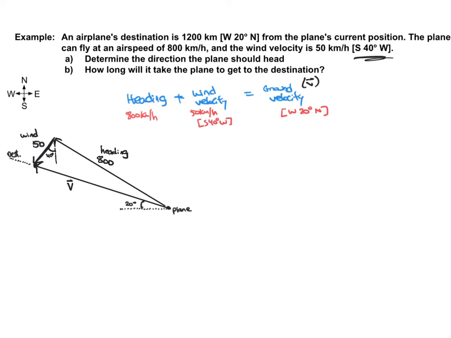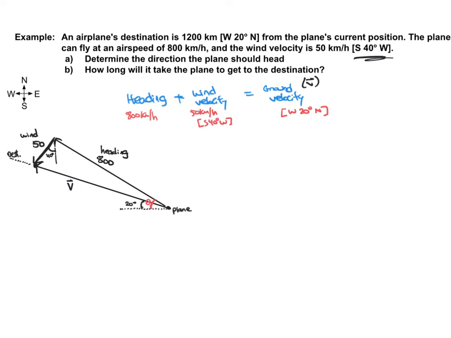Okay, next I'm going to switch colors here. So I'm going to use red, I suppose. What am I supposed to find out? So part A, determine the direction that the plane should head. So part A is asking me to get this red angle here that I've just drawn. Okay, so maybe I'll call that theta, the entire red angle there.